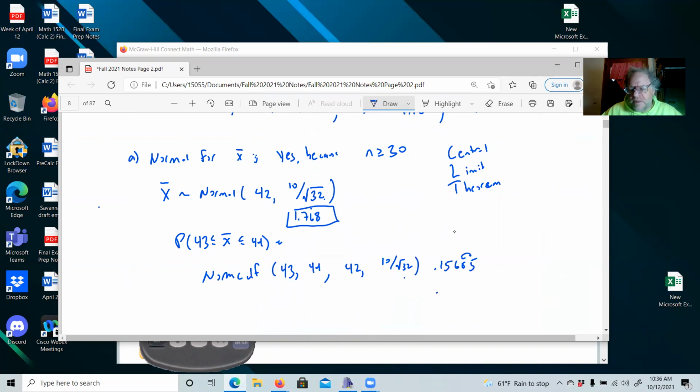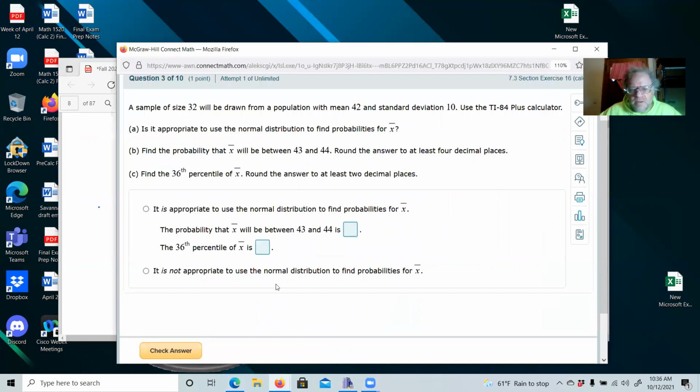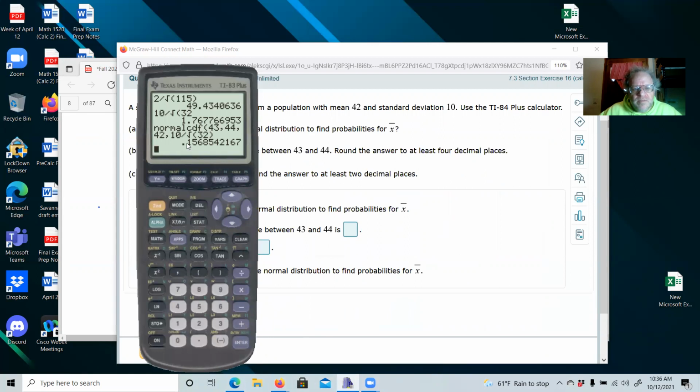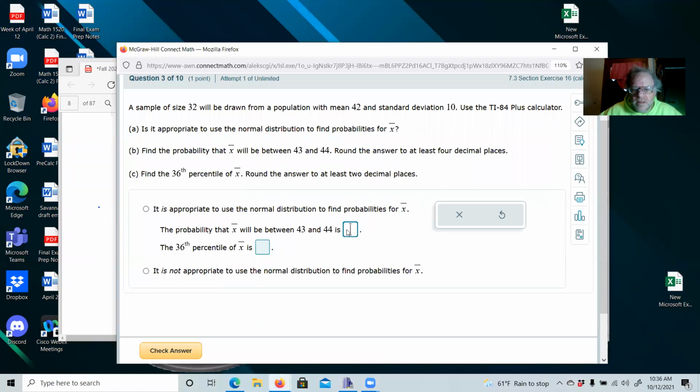This is going to round, so we have 0.1569, or 15.69%. We'll double check that: 0.15685 is going to round up to a 9. So 0.1569.